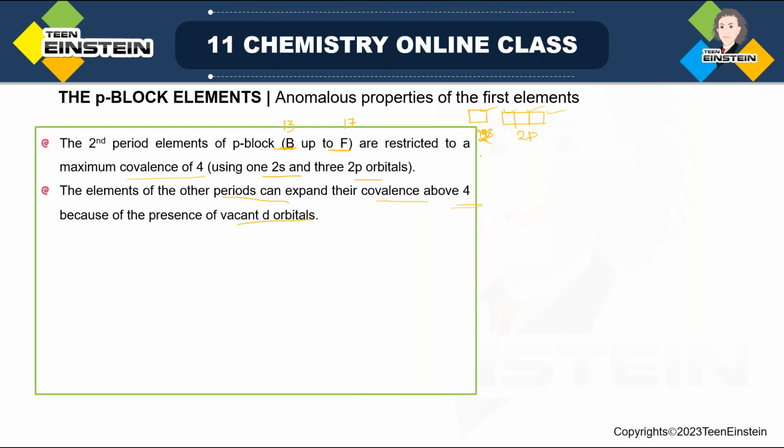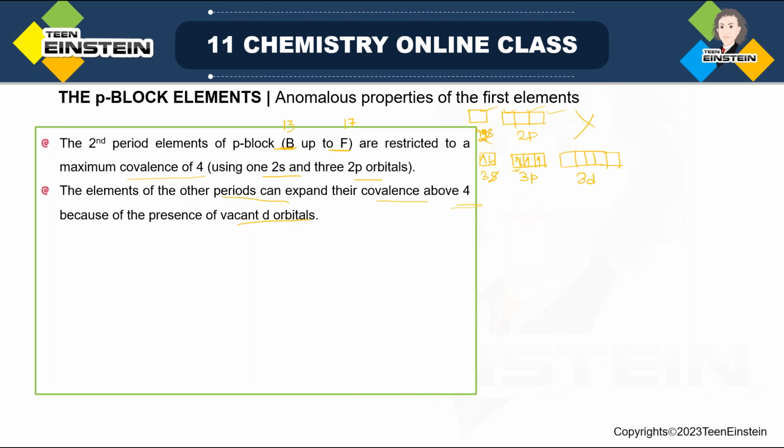If I am considering the next period, which is the third period, there is 3s, there is 3p, but now you also have access to 3d, which you cannot have here. So this is the reason. Now because of this vacant 3d, what happens? Suppose I am writing here 3s2 and 3p4, which is basically the configuration for group 16.